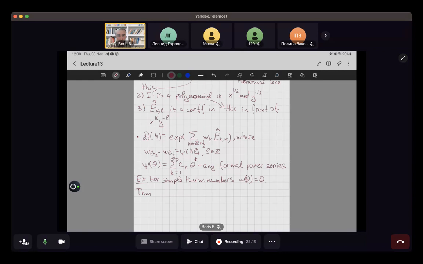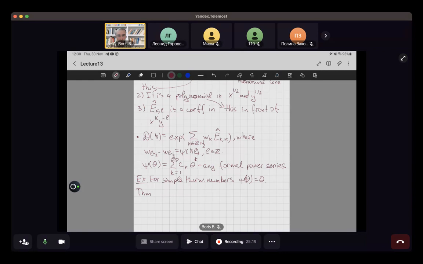We know that the sum over all lambdas of s_lambda of p times s_lambda of q over h bar is equal to e to the power of the sum over i from 1 to infinity of q_i p_i over i h bar. Let me write s_lambda of p instead of s_lambda of p_1, p_2, etc.